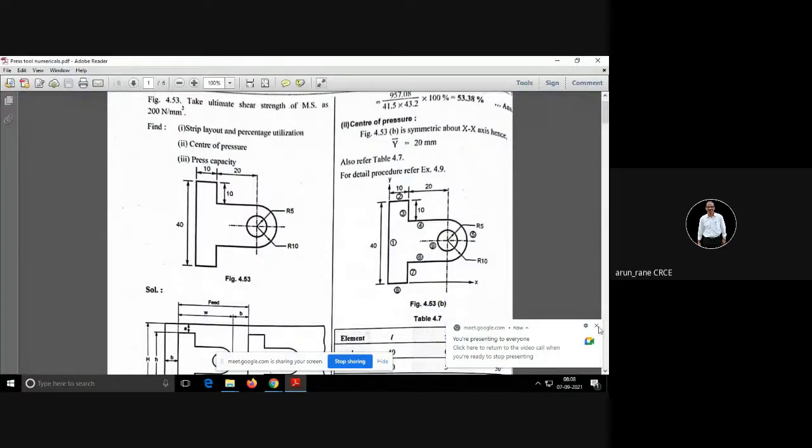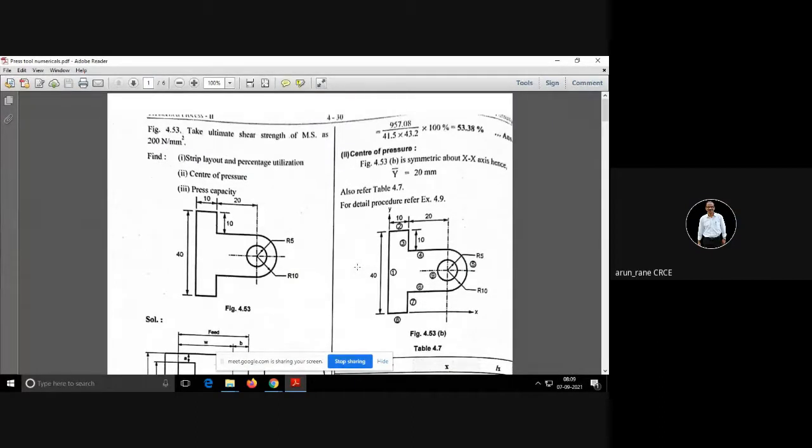Is this screen visible, Umang? Yes, sir. So we were discussing the center of pressure. The center of pressure is the same as your center of gravity.